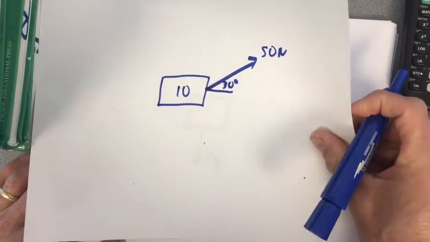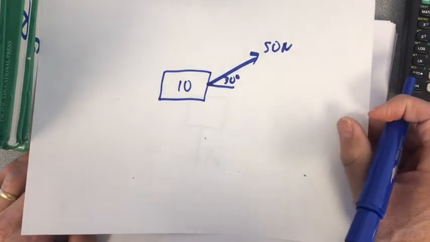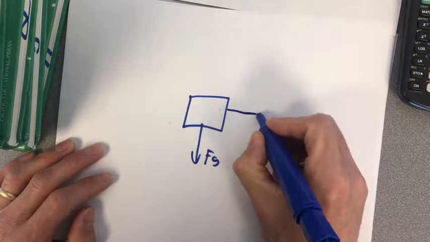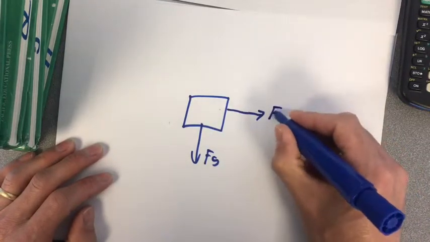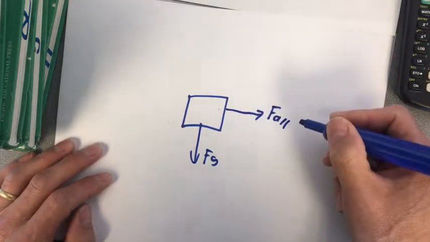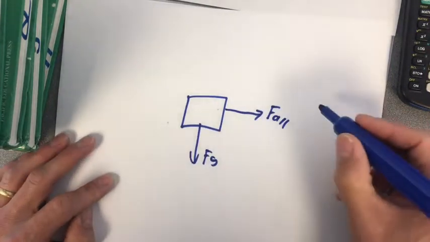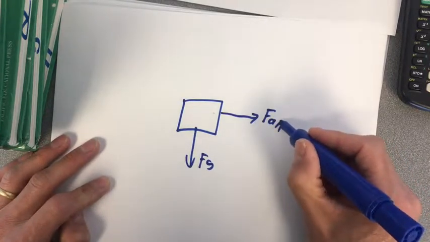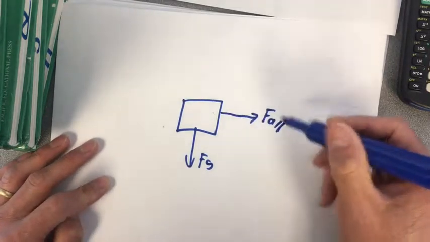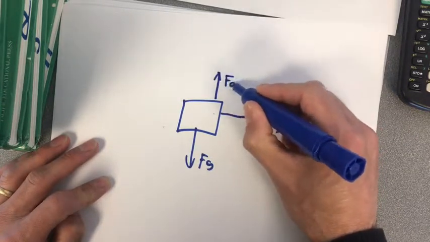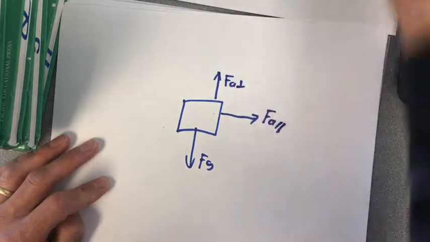See this applied force? I'm going to break it into two components. We have an applied force component that's going forward. I'm going to call that FA parallel because it's parallel to the surface that this is on. So that doesn't say fall, that says FA, and then that's two parallel lines indicating it's parallel. Upward, I've got FA perpendicular.